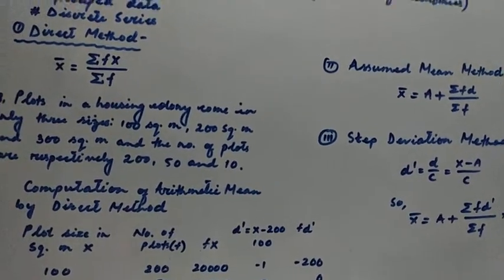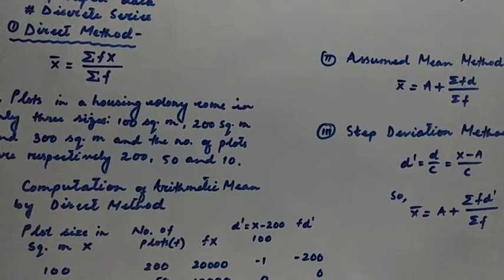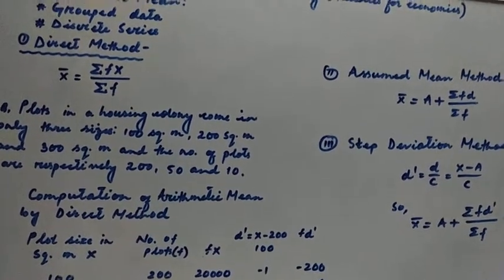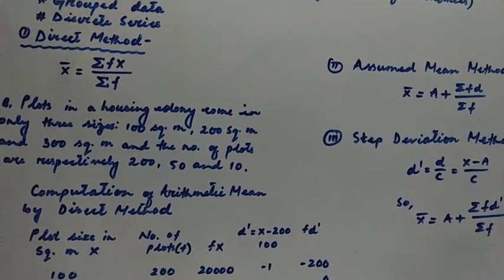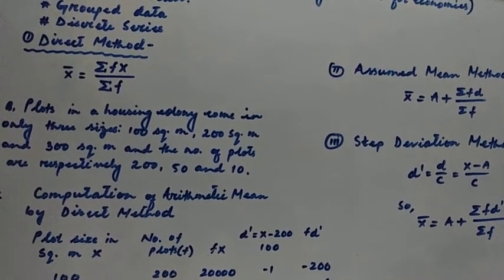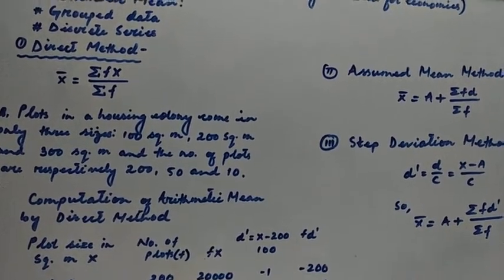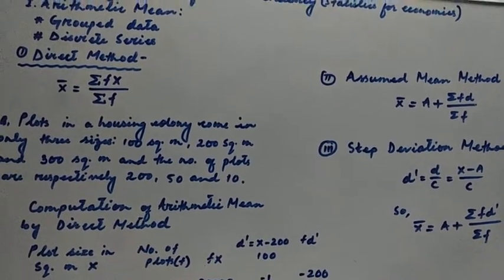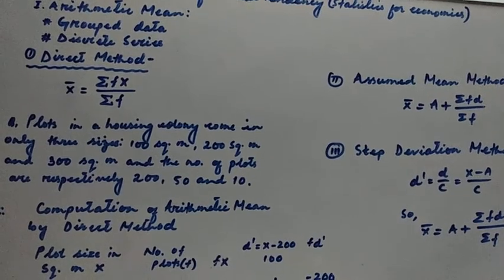The process is very similar with the ungrouped data when we talk about grouped data also, because direct method, assume mean method, step deviation method, they are all the same, though the formula may be a little bit different.